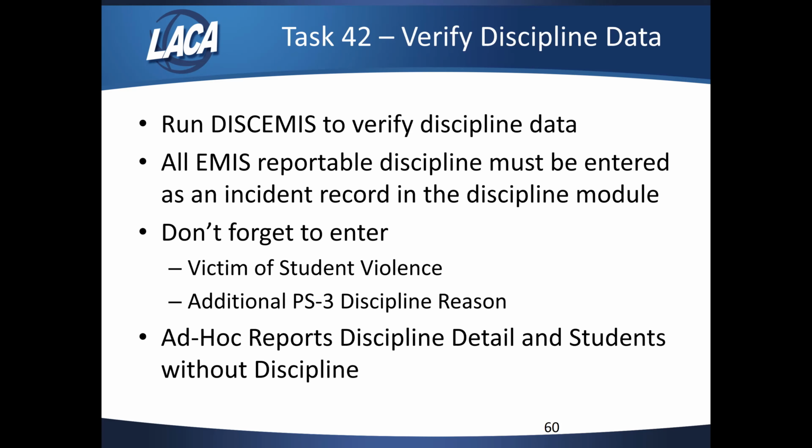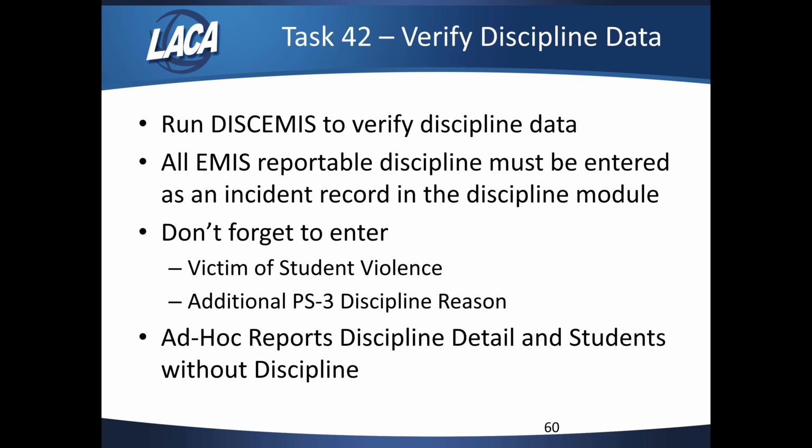For every EMIS reportable action, there must be at least one EMIS reportable infraction. If your buildings are adding infraction codes, make sure they're also adding the appropriate EMIS reason on those codes so that when they are attached to an expulsion, in-school suspension, out-of-school suspension, etc., that is an EMIS reportable action, those codes are pulled.